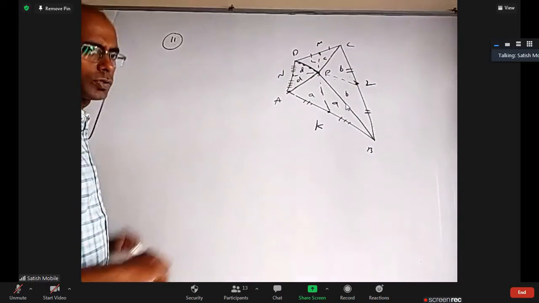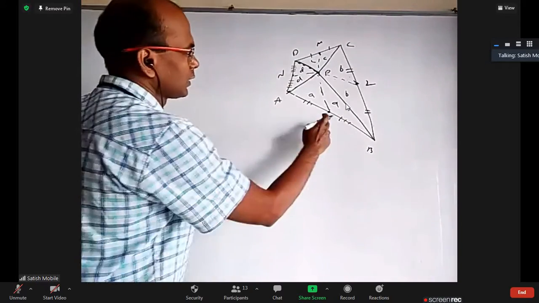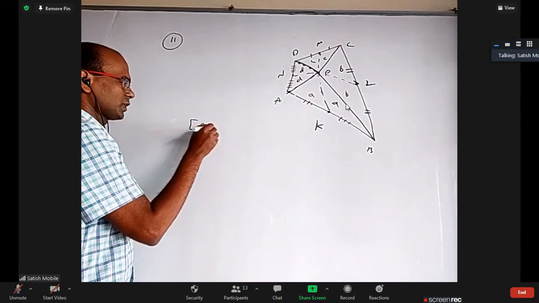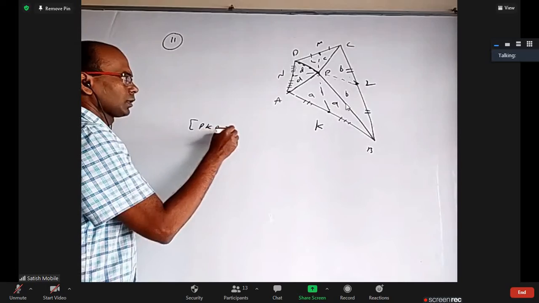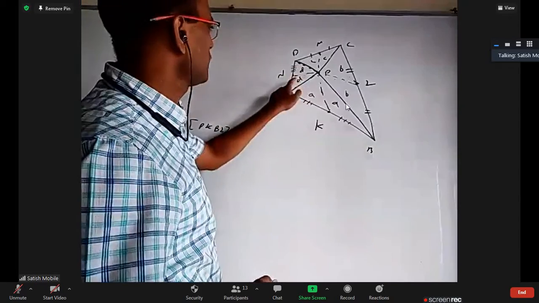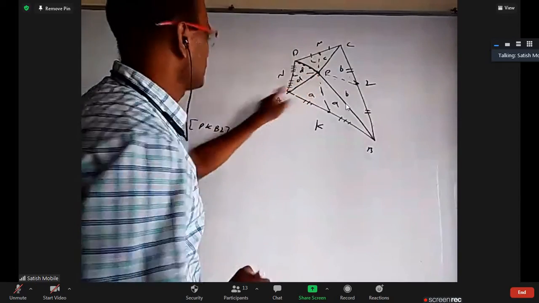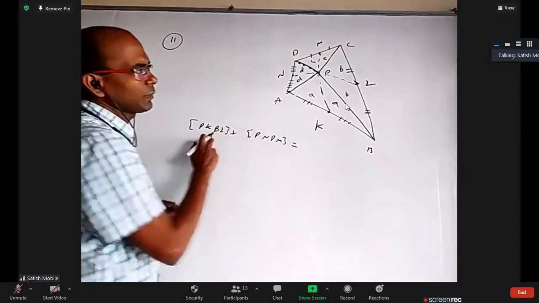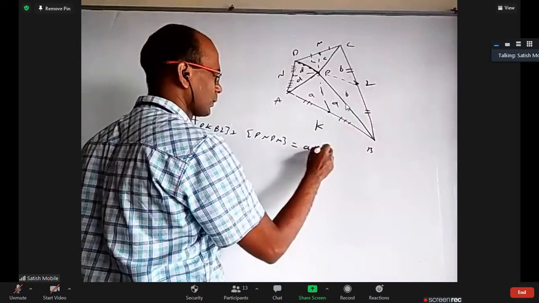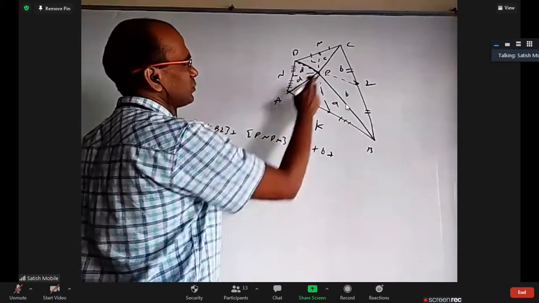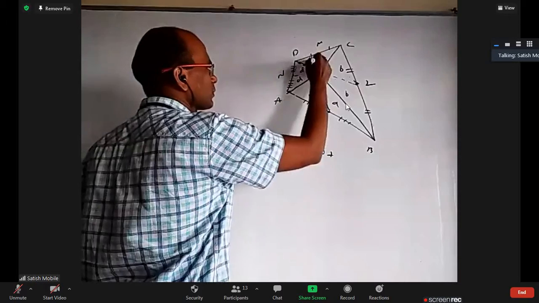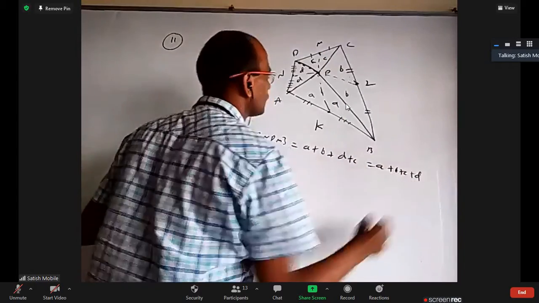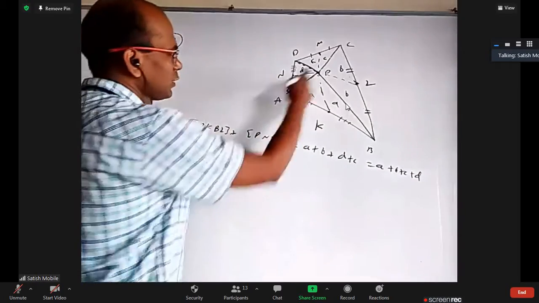Now if you take quadrilateral PKBL and the opposite quadrilateral PNDM, PKBL area is A plus B, PNDM is D plus C. So that is A plus B plus C plus D. If I take these 2, what is that?